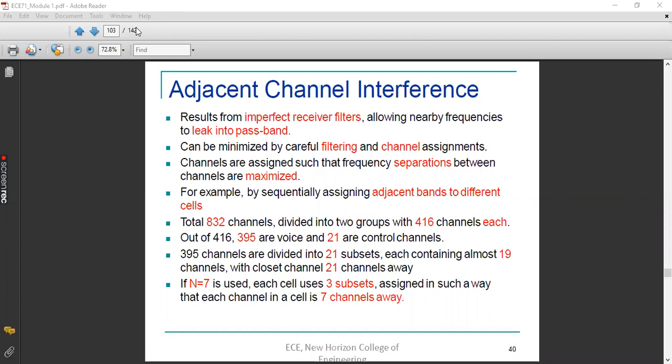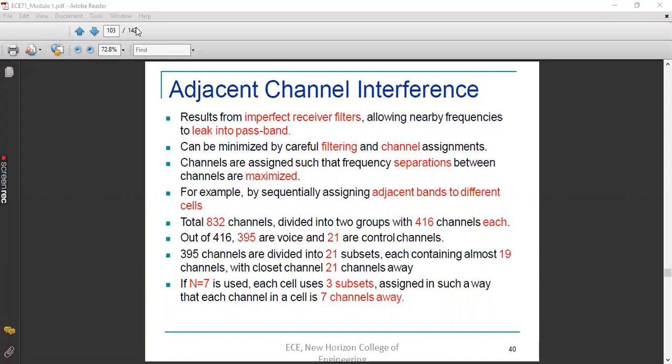Suppose I have allocated a definite bandwidth to a particular cell, then another cell which is close to my cell should be allocated a different frequency band such that the one allotted previously is much farther from the new frequencies allocated to the neighboring cell. So between these two bandwidths, there should be some gap, some frequency separation, so that we can minimize the adjacent channel interference.